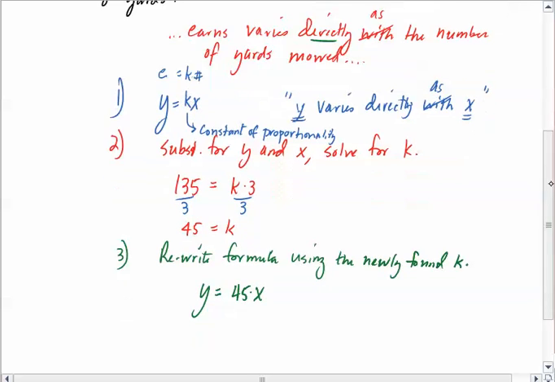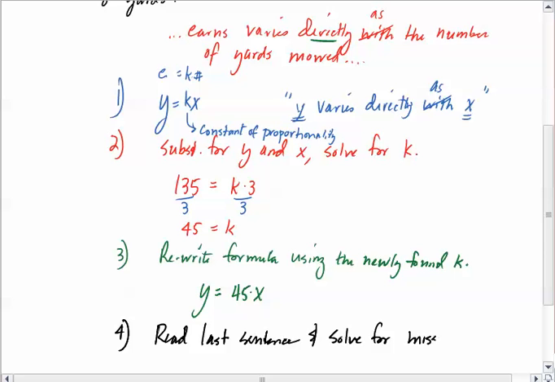All right, so let's do the very last step. Step 4 is to read the problem, usually the last sentence, and solve for the missing information. So let's read the last sentence.